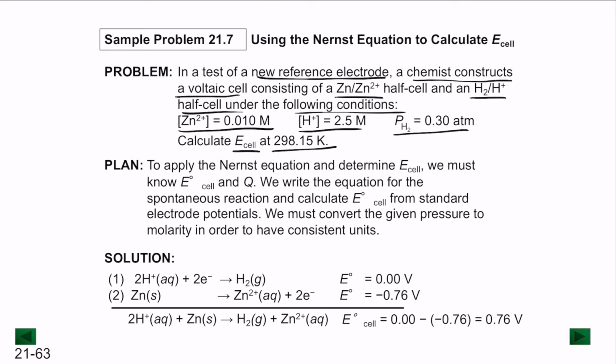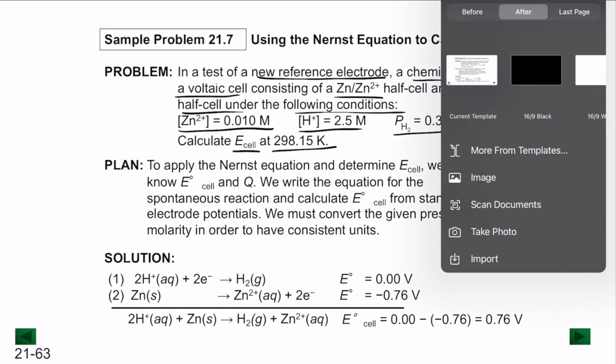Now let's take into consideration both zinc and hydrogen. You already know the equation for hydrogen: 2H plus 2 electrons gives you H2, and the standard cell potential for hydrogen is 0 volts.